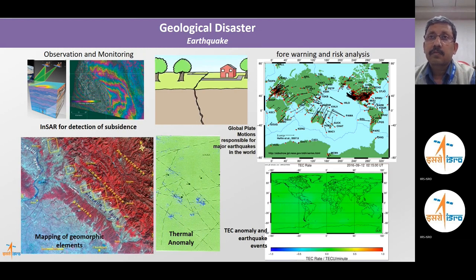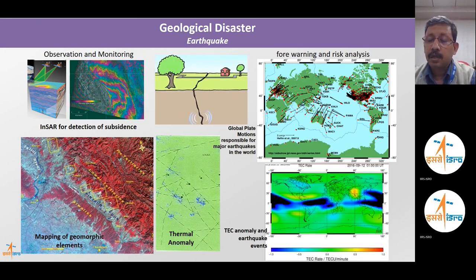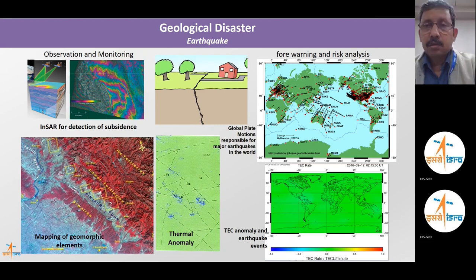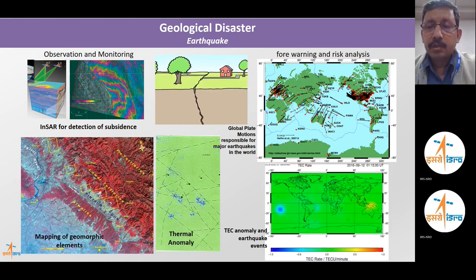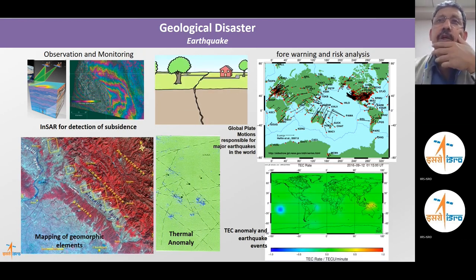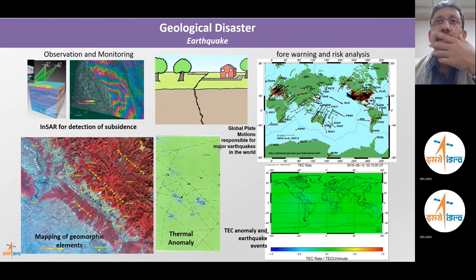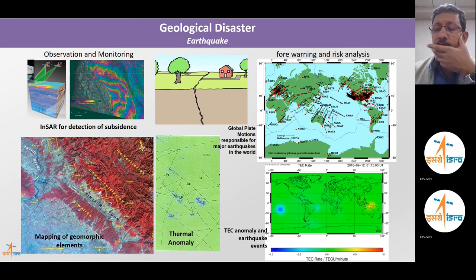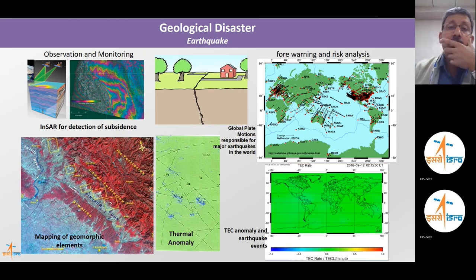But we are still not able to pinpoint the exact cause as well as the temporal occurrence of the event. So we cannot just tell people over an area of a few thousand square kilometers that we may expect an earthquake and they should evacuate. So we need something more robust than this.